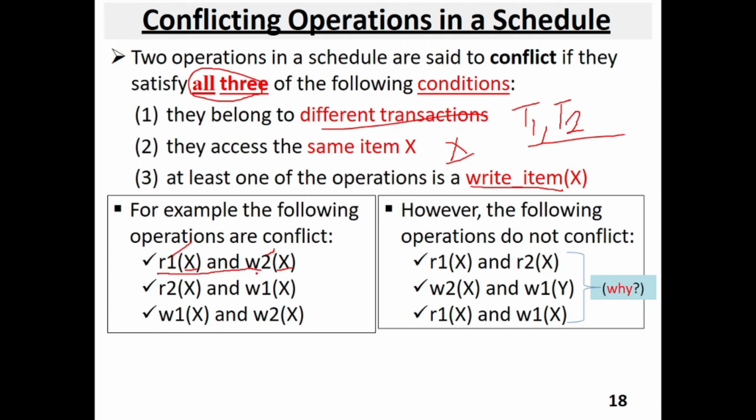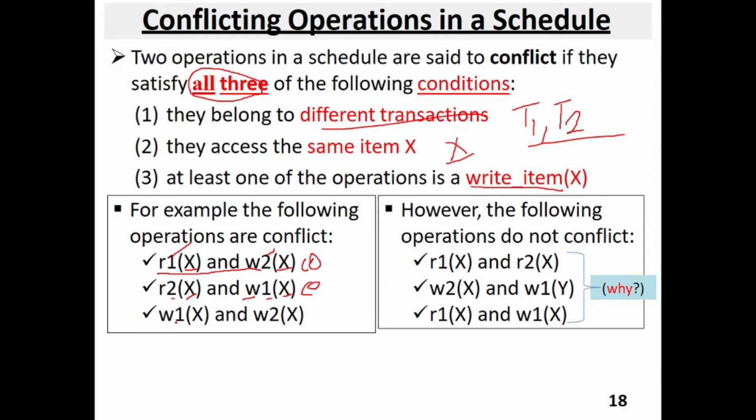Yes, this is a write operation, so this is conflict scheduling. In the same way here, transaction 2 and transaction 1, the first criterion is satisfied. Both access the same item X, and at least one operation is a write. Yes, this is also a conflict operation.